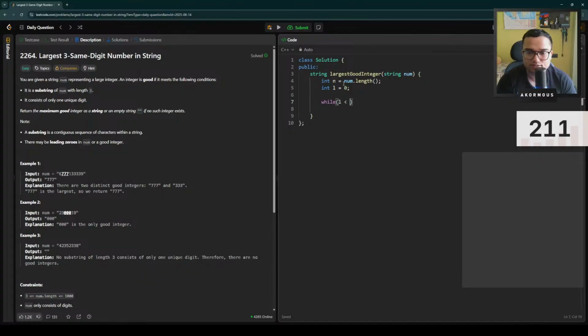While L is less than n minus 3, if nums of L equals nums of L plus 1 and nums of L plus 1 equals nums of L plus 2. So L can go till n minus 2, right?